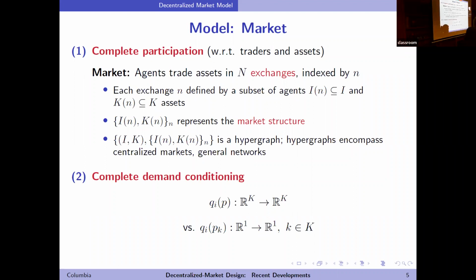So let me just draw a picture. Right. So imagine an interdealer market. So the dealers interact among themselves. That's one exchange, and then each dealer has private clients who can then interact with periphery traders.